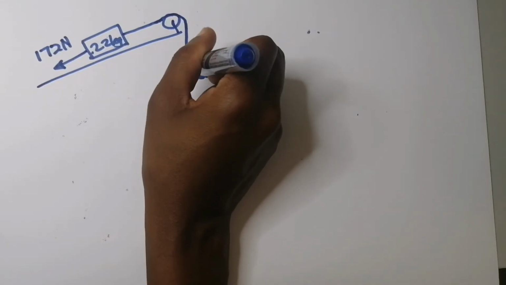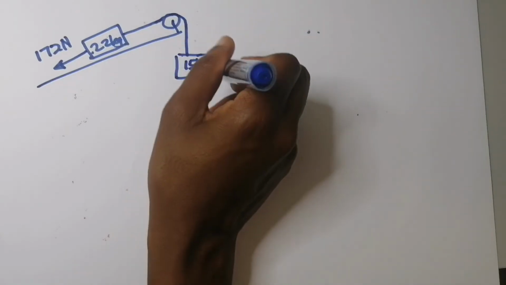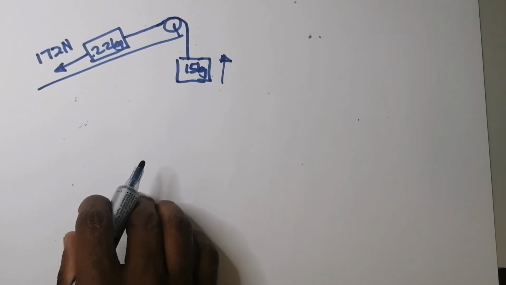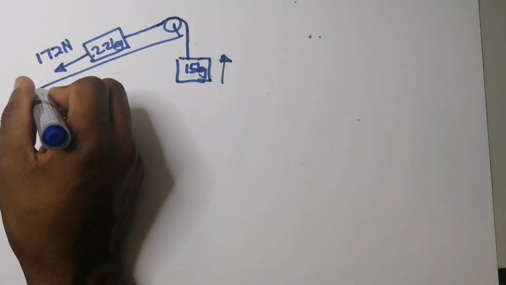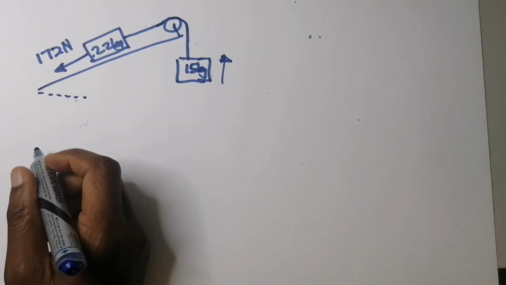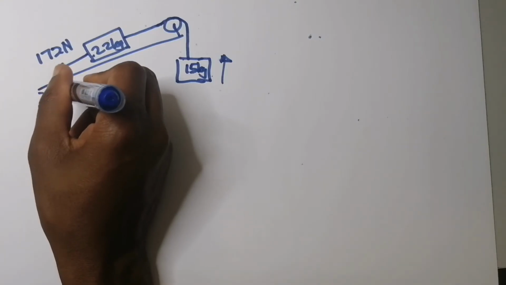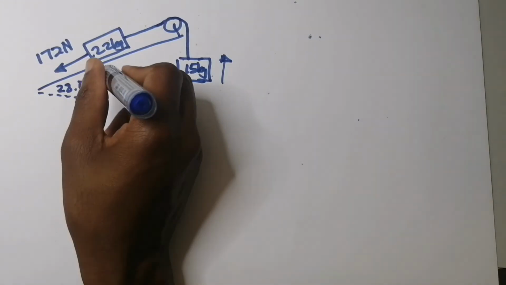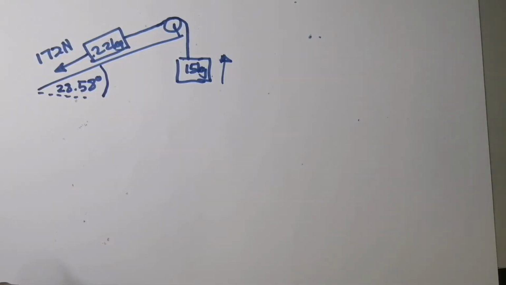Okay, so they tell us that the system is now going to accelerate in that direction. Okay, so let's talk about that quickly. Right, so we've already found out that the angle there is 28.58, so we're going to use that angle this time around. Okay, they wanted us to determine the acceleration.